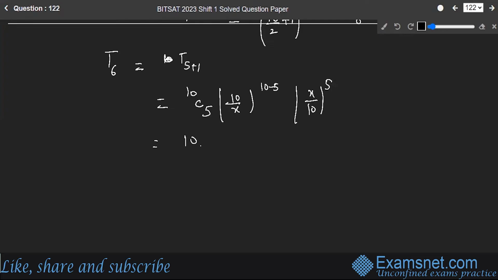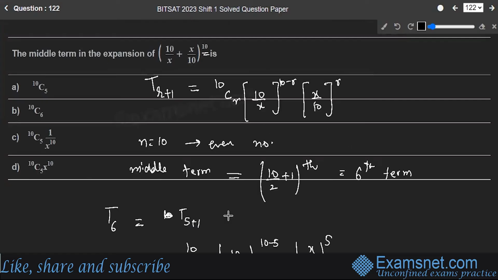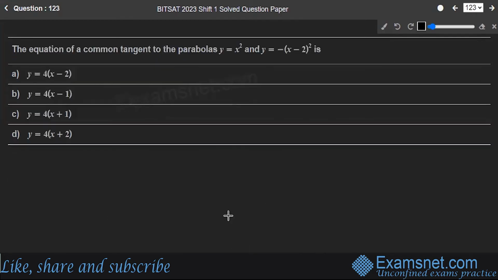Or this is equal to 10C5 (10 by X) power 5 into (X by 10) power 5. So they will cancel and you will have 10C5 as the right answer. That is option A. So I have option A as the correct answer to the question. Hope you got that.